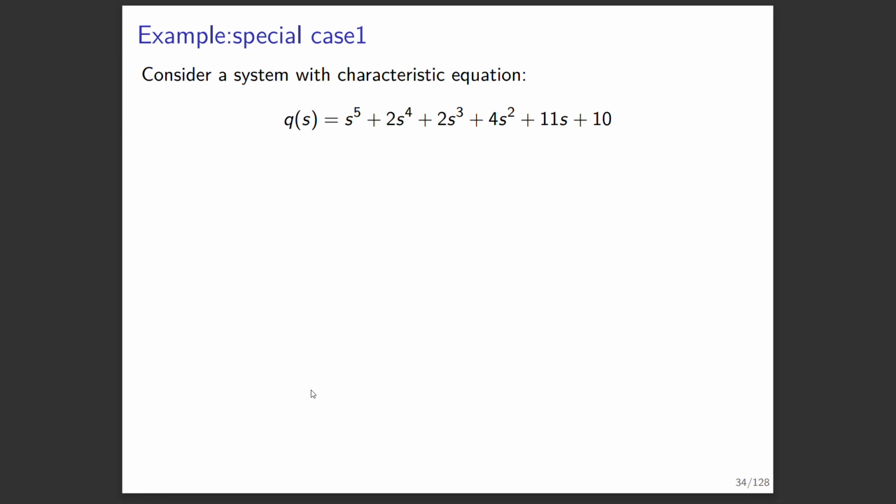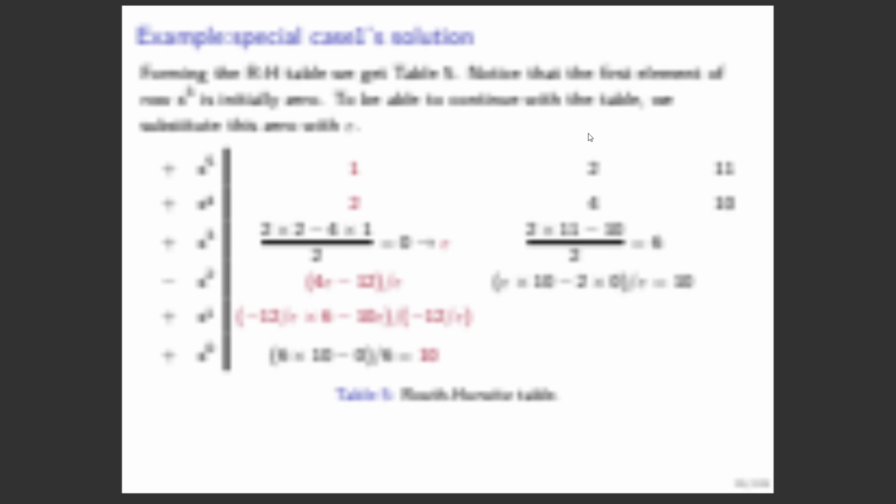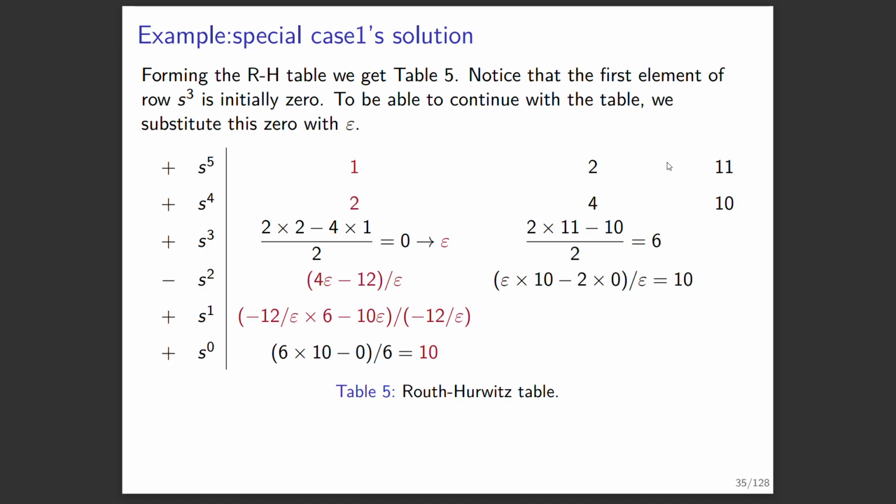Let's see this example. It's easier to explain on a numerical example. The first row is going to be 1, 2, 11. The second row, 2, 4, 10. Then we derive the elements of the next row.